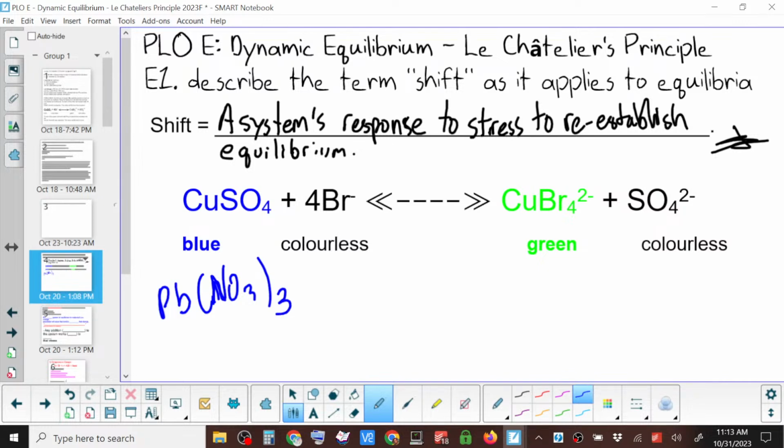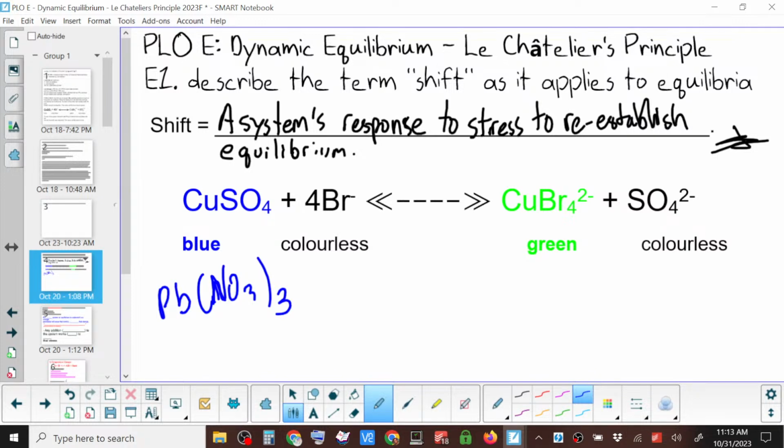I might be wrong about that. None of those appear in the solution. Nitrate's not on either side. Lead's not on either side. The equilibrium will not change. But you will notice that if you add lead nitrate to it, if it was green, it becomes blue. It shifts it that way.